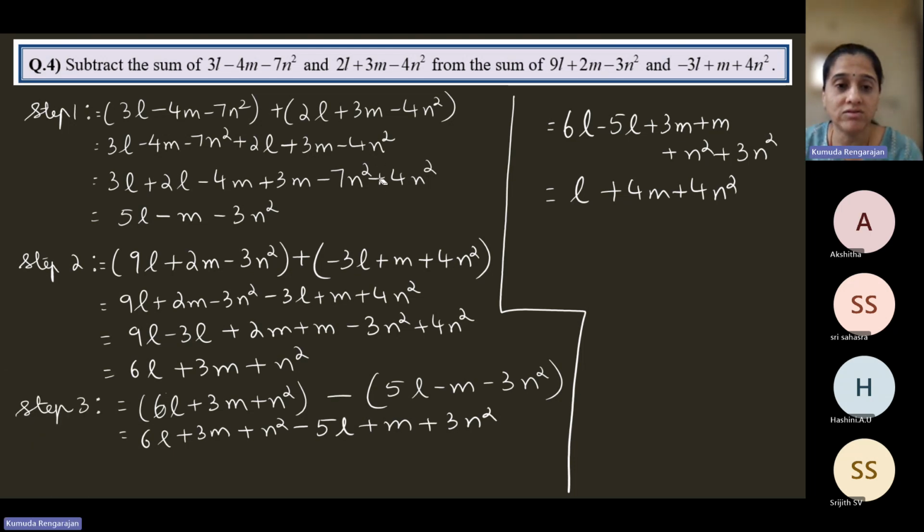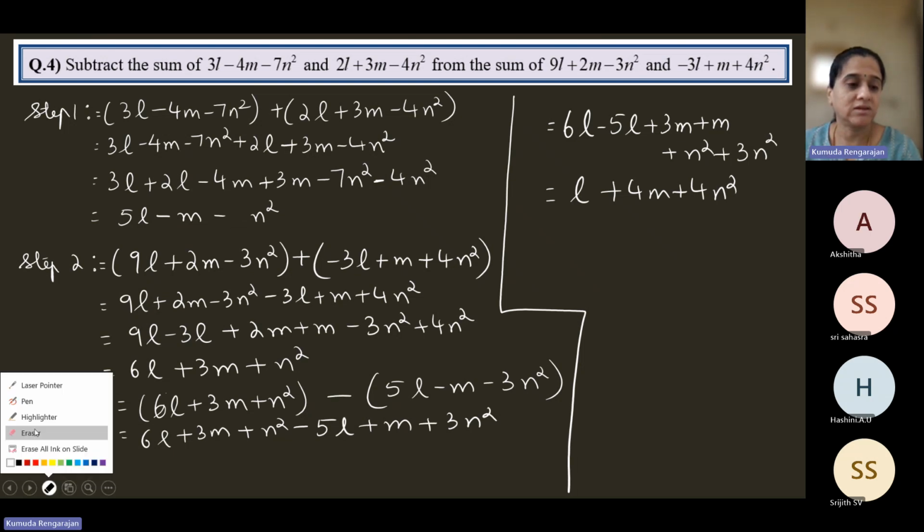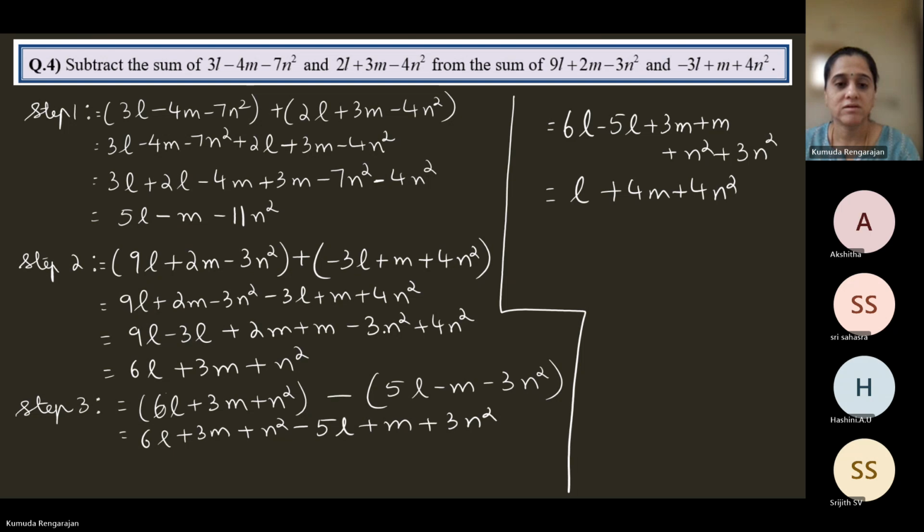Sorry, I've gone wrong here, children. This is not a plus, it's a minus. So this will be minus 11. Ma'am, I also thought that it was a minus, ma'am. Yes, one minute, I'm just correcting. Wait.